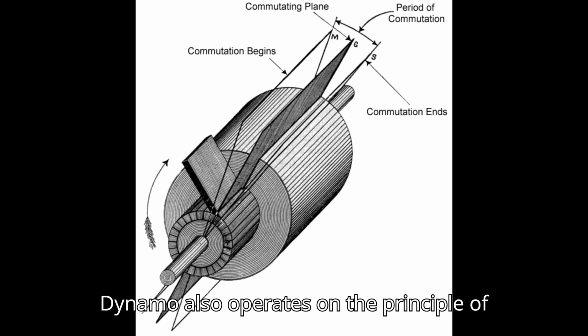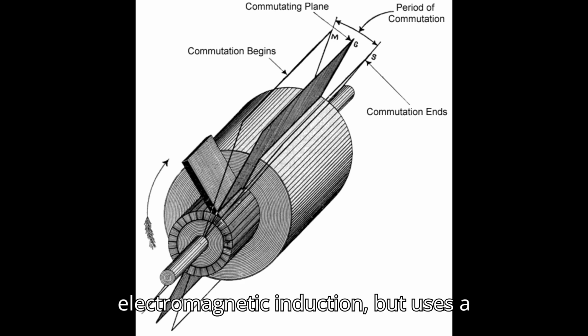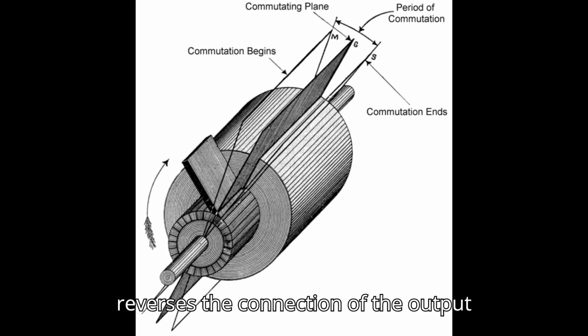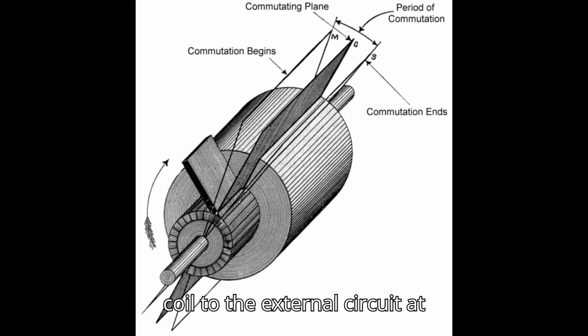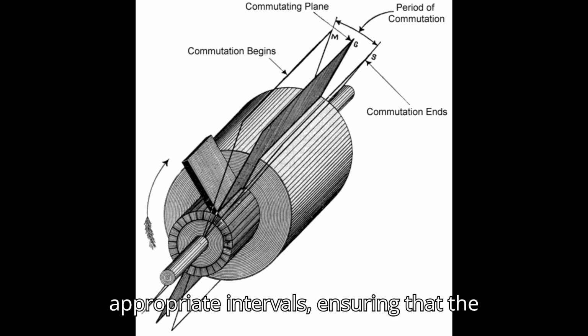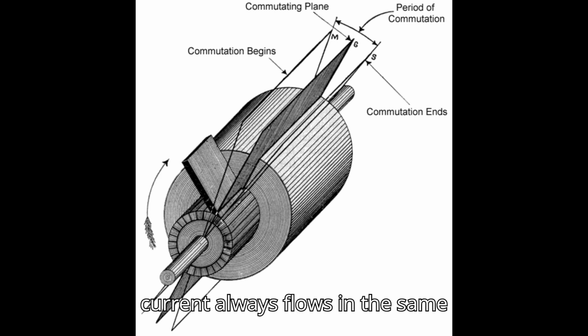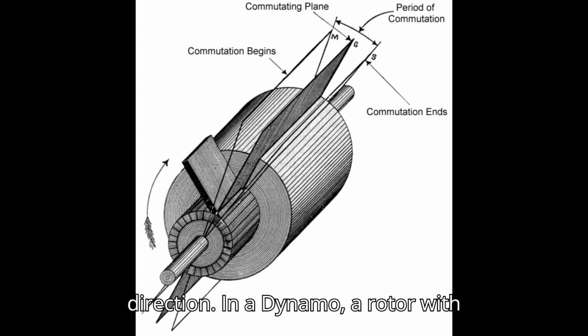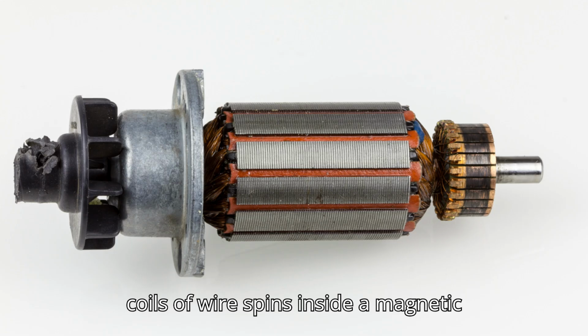A dynamo also operates on the principle of electromagnetic induction but uses a commutator, a mechanical device that reverses the connection of the output coil to the external circuit at appropriate intervals, ensuring that the current always flows in the same direction. In a dynamo, a rotor with coils of wire spins inside a magnetic field.